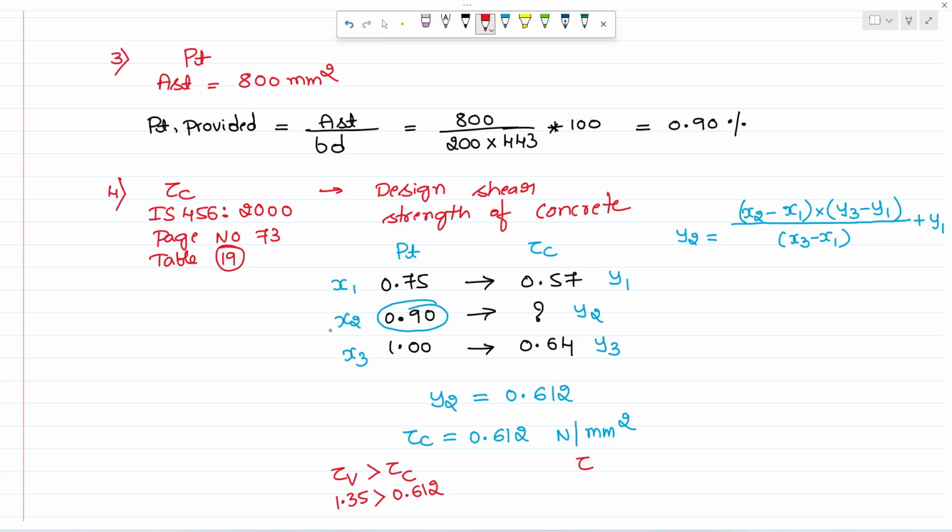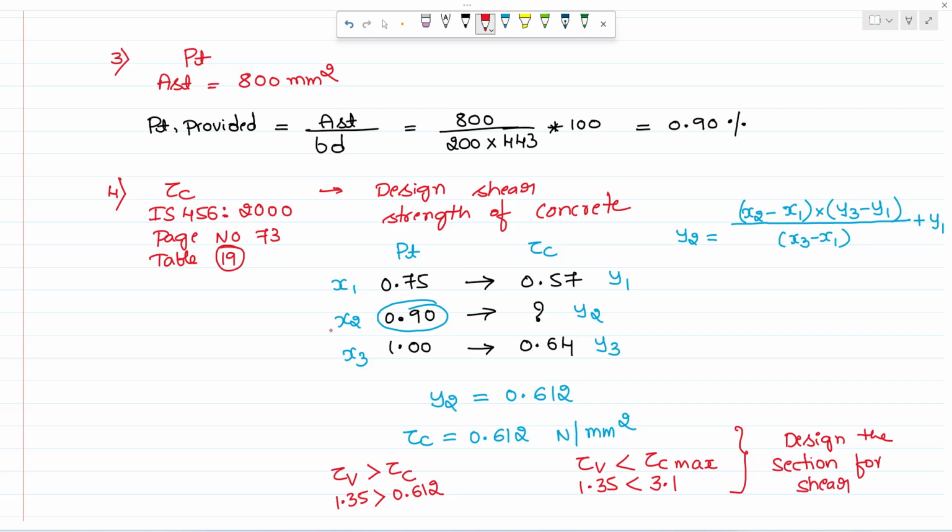Or, tau v is less than tau c max. What is the tau v value? 1.35, which is less than tau c max. What is the tau c max for M25 grade concrete? It is 3.1. So if you are getting these two cases, design the section for shear.